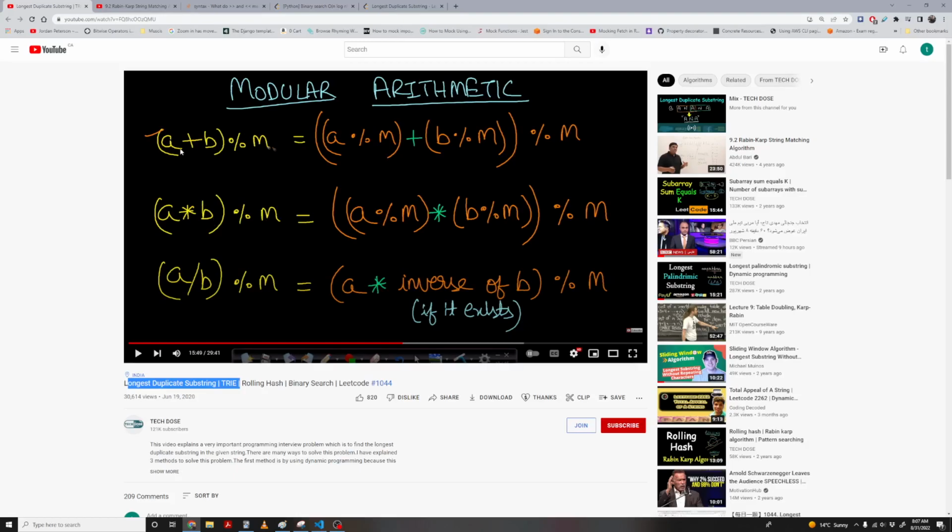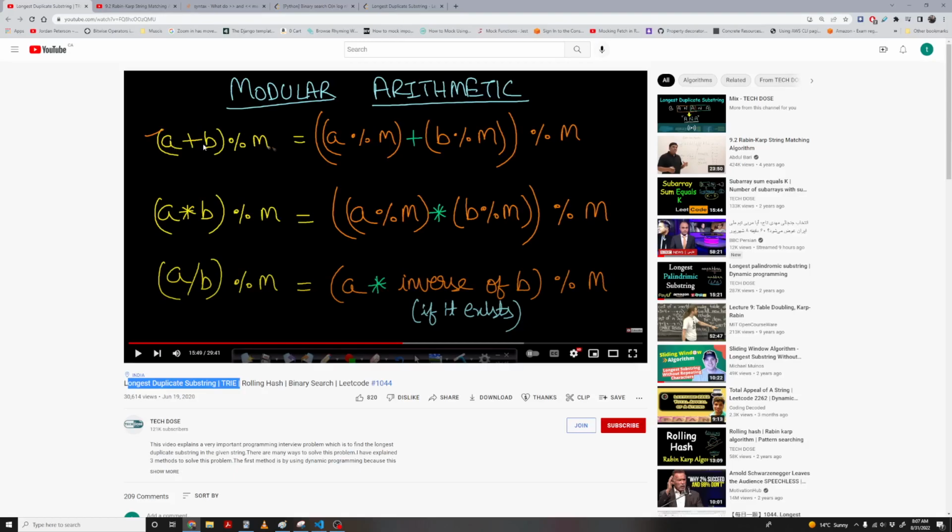Here you can find their mods and then add them up and find the mod, or you can even find the mod of one of them, add it with the other one, and find the mod. Because here's the thing, let's say M is 10 and A and B are, let's say, 21 and 22.